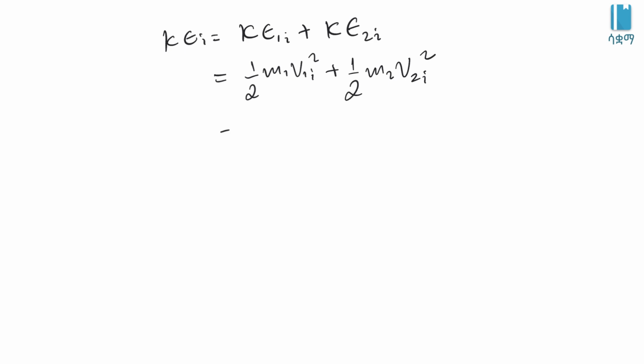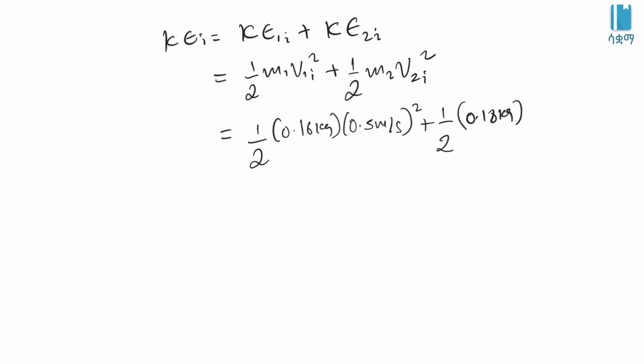Given the values, this will be 1/2 times 0.16 kilogram times 0.5 meter per second squared, plus 1/2 times m2, which is 0.18 kilogram, times v2, which is 0 because mass 2, the snooker ball, was at rest, squared, which is 0.